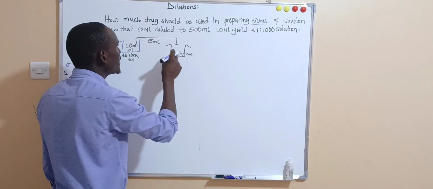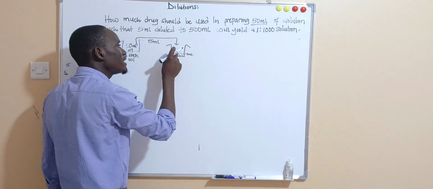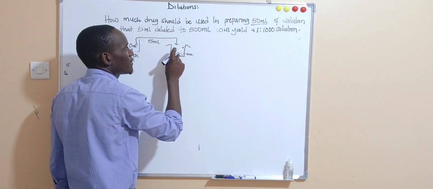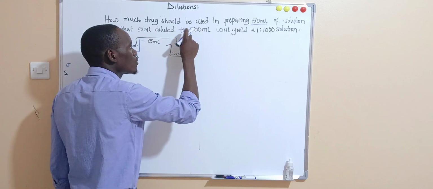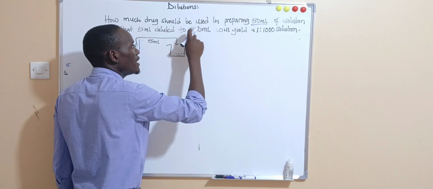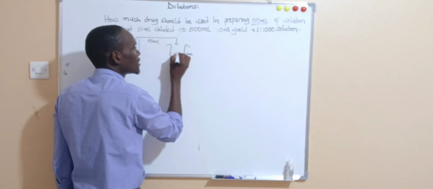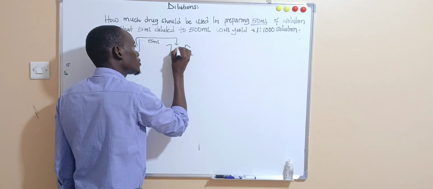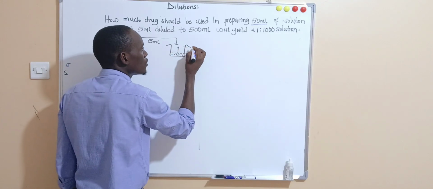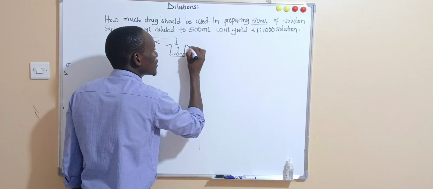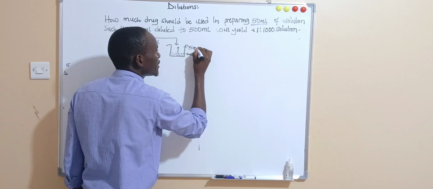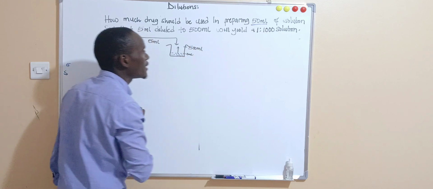And then from there, we diluted these 5 ml up to the 500 ml mark.